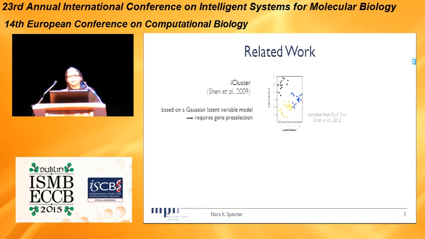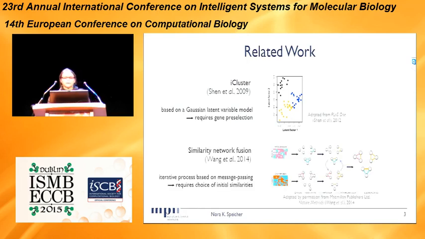However, this method is computationally very expensive, and because every data type comes with a lot of different features, like DNA methylation sites or genes, one needs to do a feature pre-selection, and this pre-processing step, of course, strongly influences the final result that we obtain.